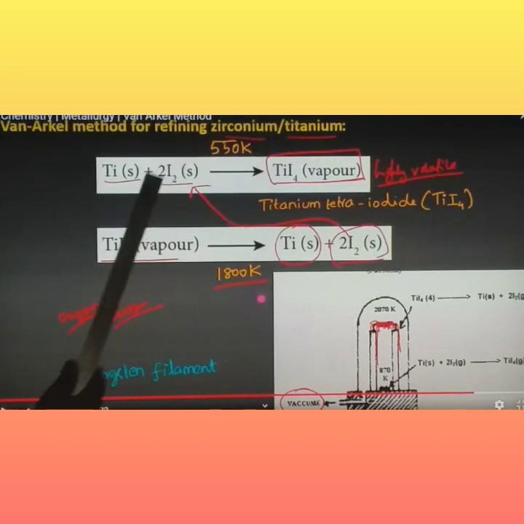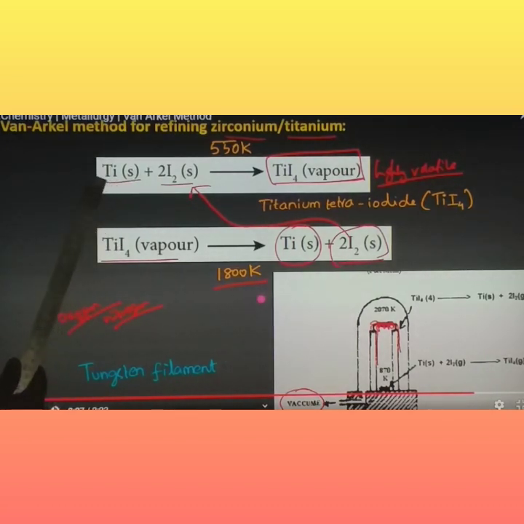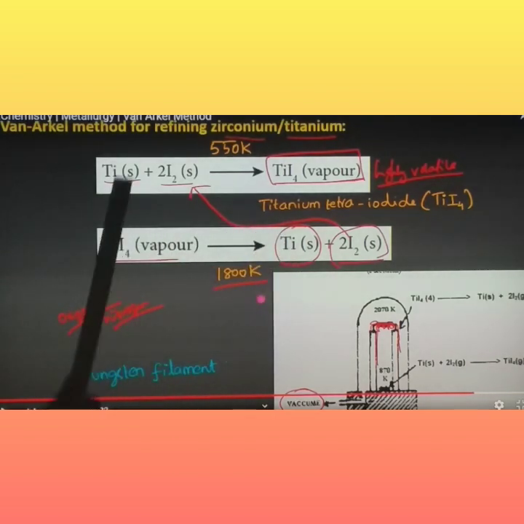For example, if you take titanium in the solid state which contains impurities, it's not a 100% pure metal. It has a few percent of impurity, which we are going to refine to change into a pure solid metal. Now that titanium metal along with the impurity is treated with solid iodine.